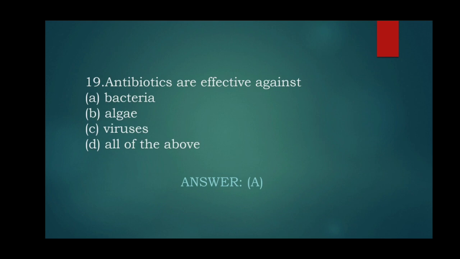Question 19: antibiotics are effective against option A, bacteria, B, algae, C, viruses, D, all the above. We know that antibiotics are effective against bacteria. They will not act against algae or viruses. So the correct option is option A.